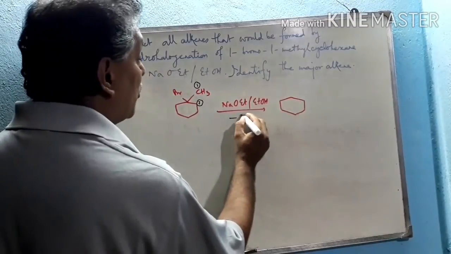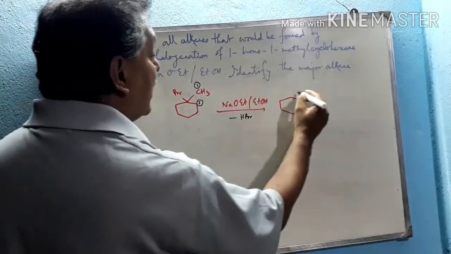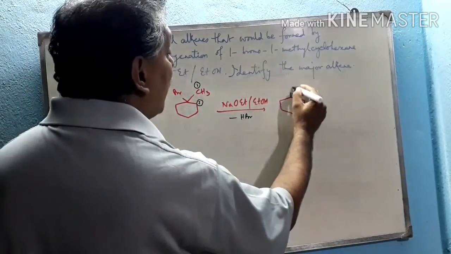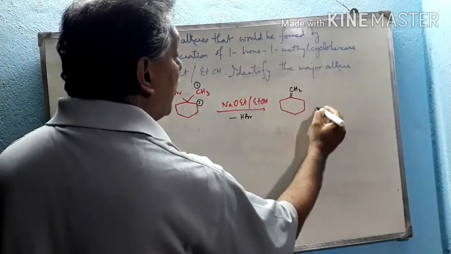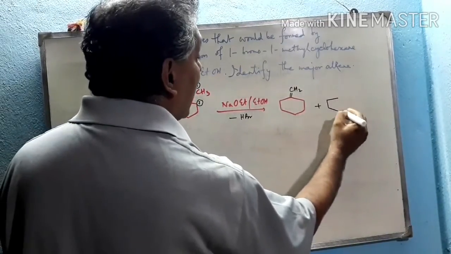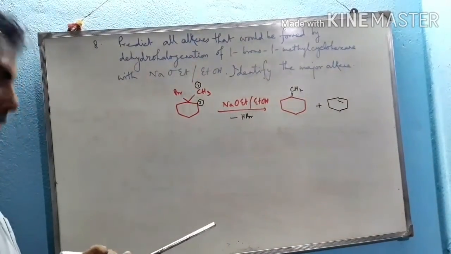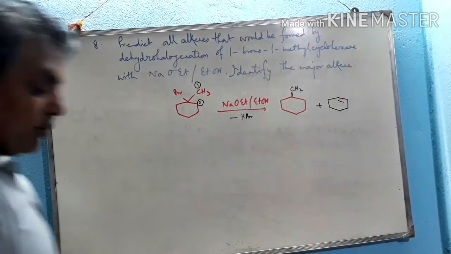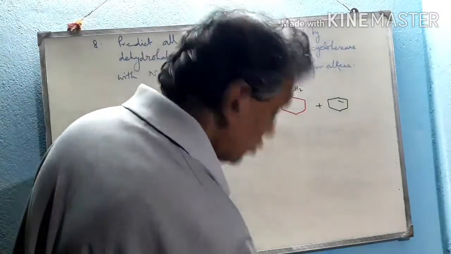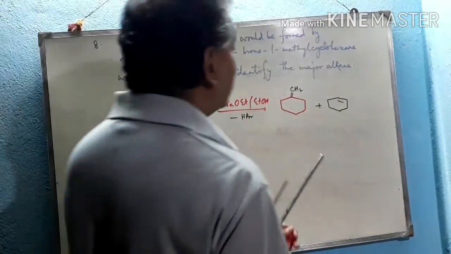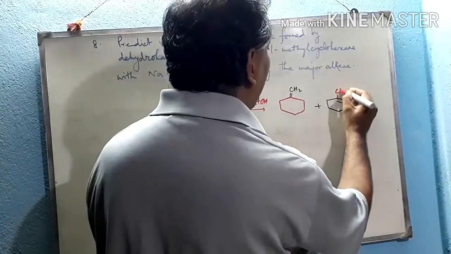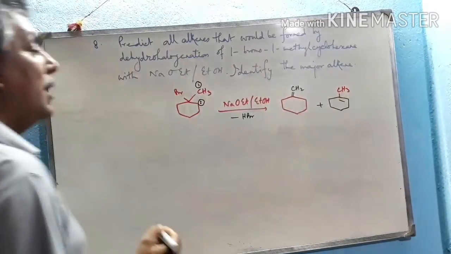Actually, it removes HBr. So it forms an exocyclic CH2 compound, and the second compound will be methylcyclohexene. Now, these two are the isomeric compounds obtained.